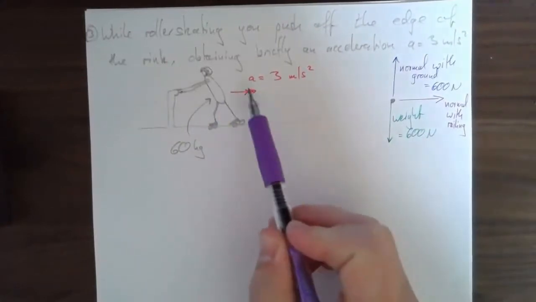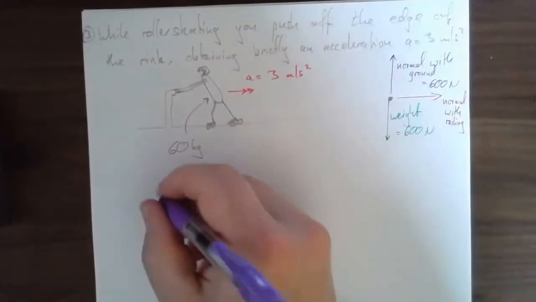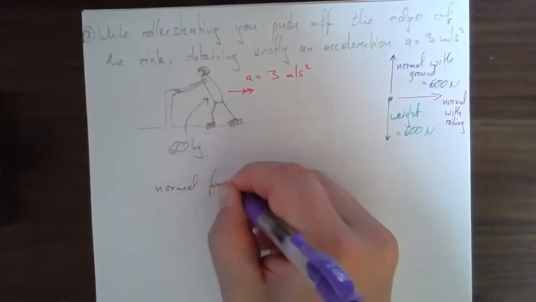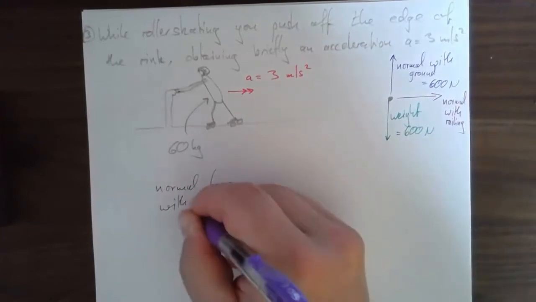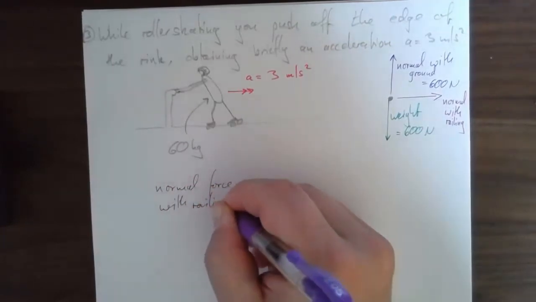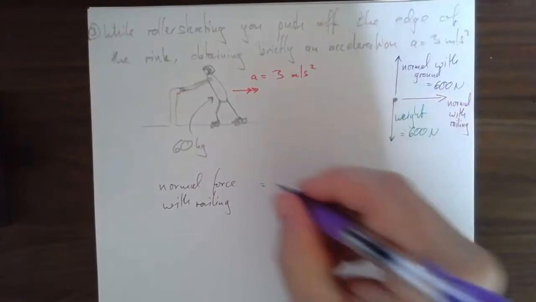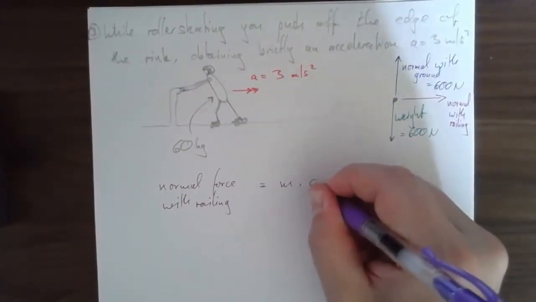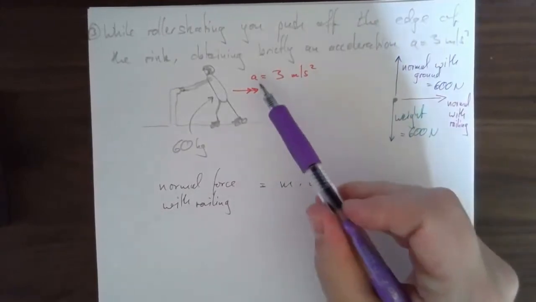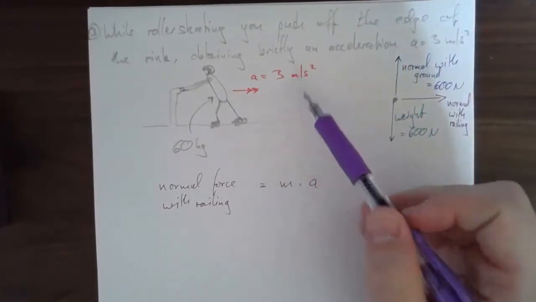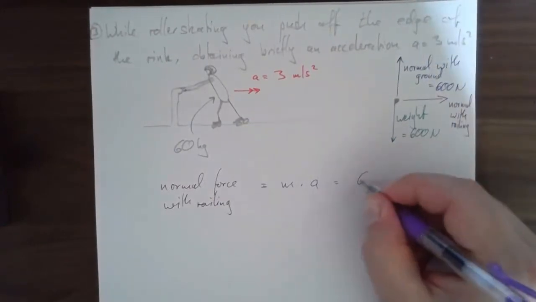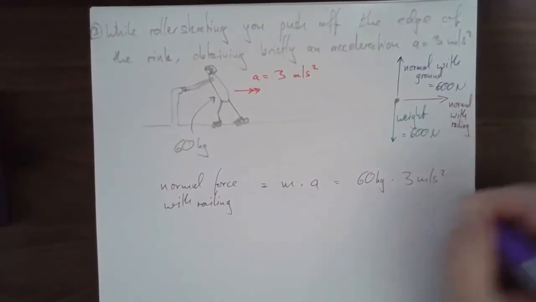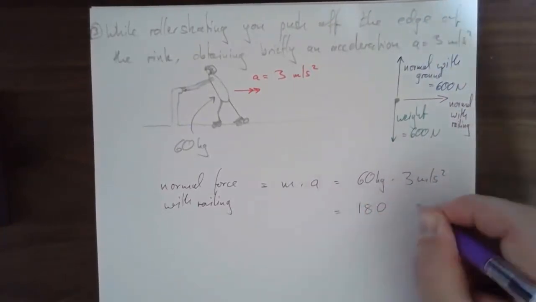That's the force that's causing this acceleration. So the normal force with the railing is equal to, well, if it's the only force, it's going to be equal to the mass times the acceleration by Newton's second law, because we know a is 3 meters per second squared. There's going to be 60 kilograms times 3 meters per second squared, and that is 180 newtons.